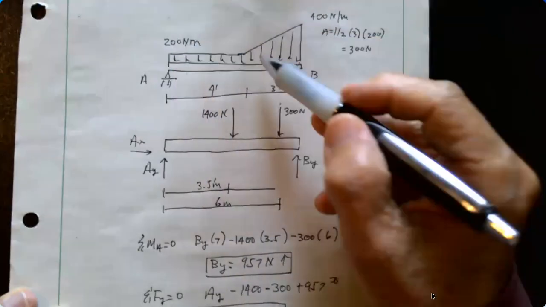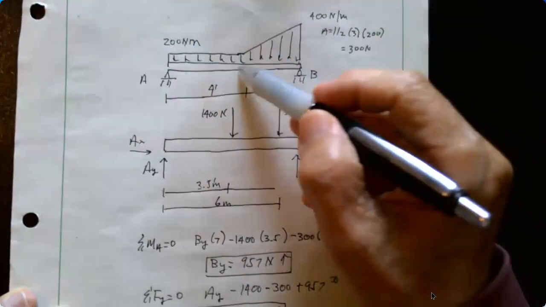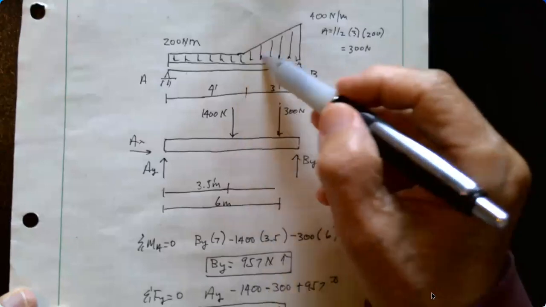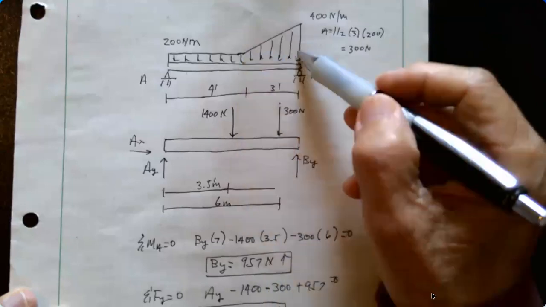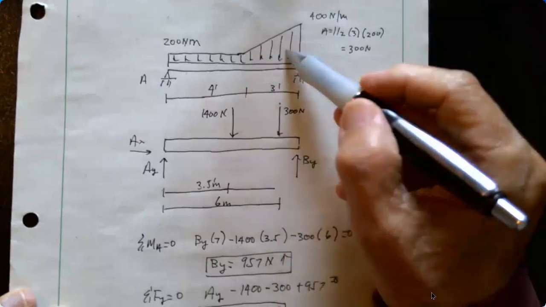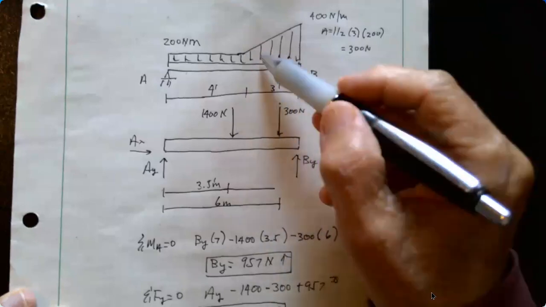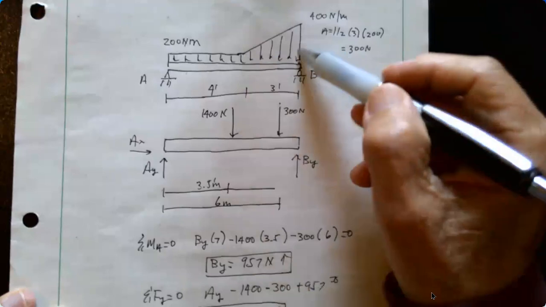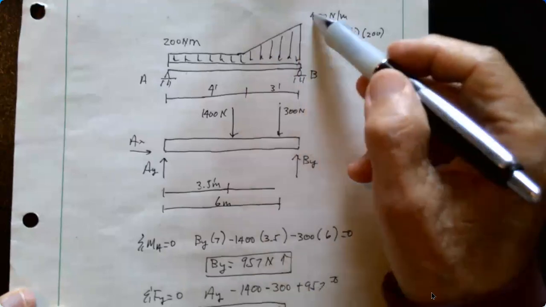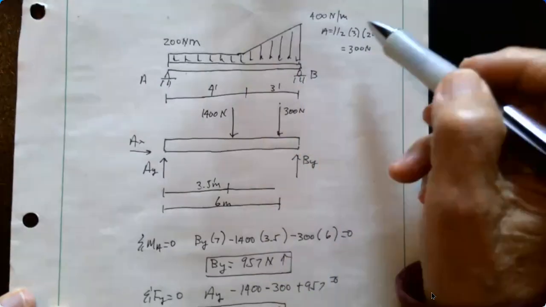And then I would have a triangular load here, which is 1/2 the base, which is the 3 feet, times the height, which is 400 minus 200, which would be 200.